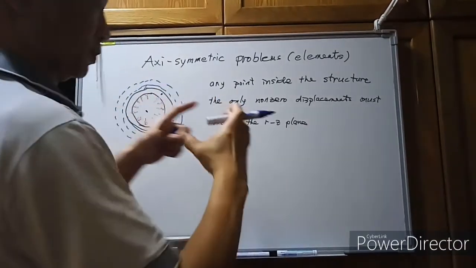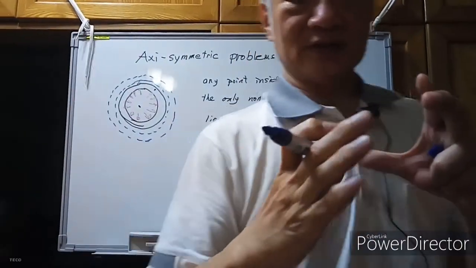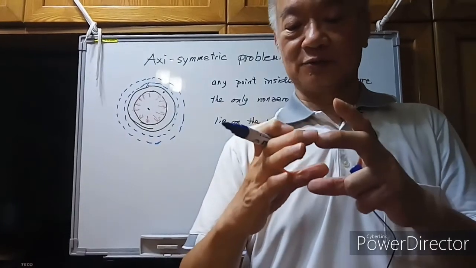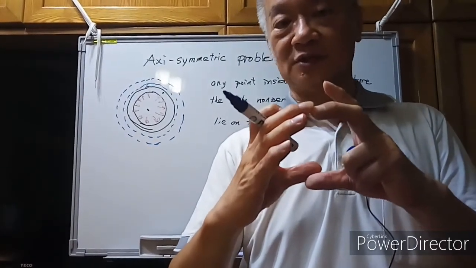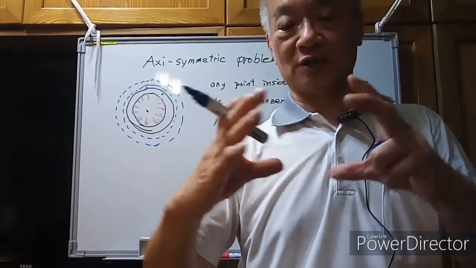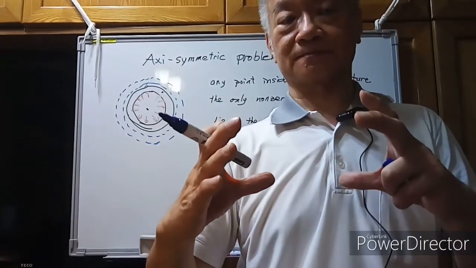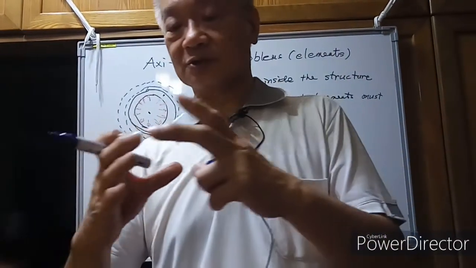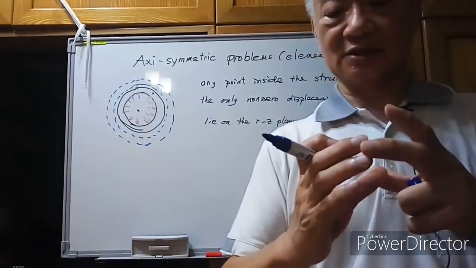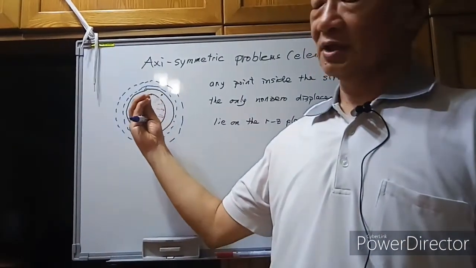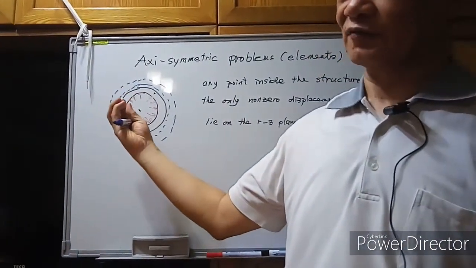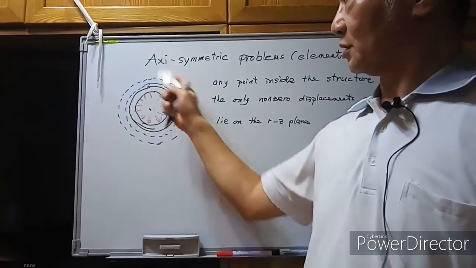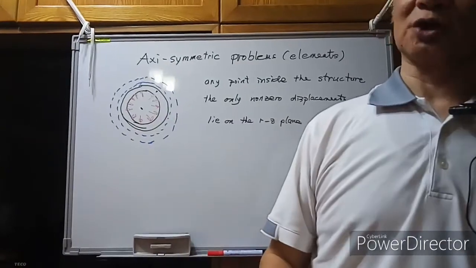So you can expect the expansion of the donut. It can change from a small radius to a larger radius, or the diameter becomes large, since the applied loading starts from the inside of the circle. So that's the deformation of the structures.